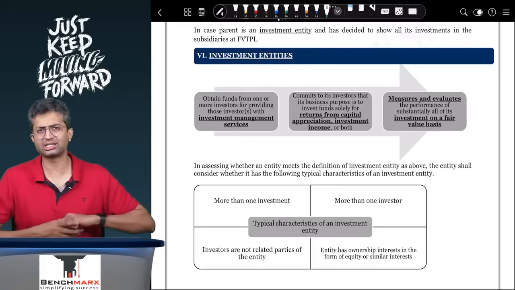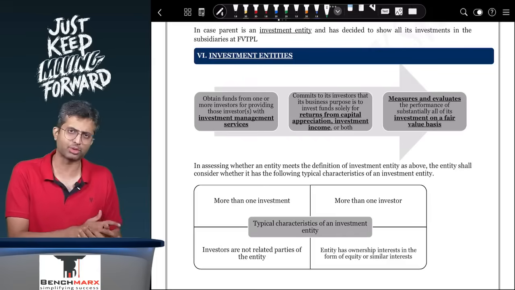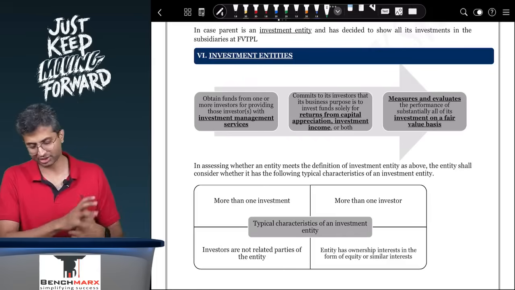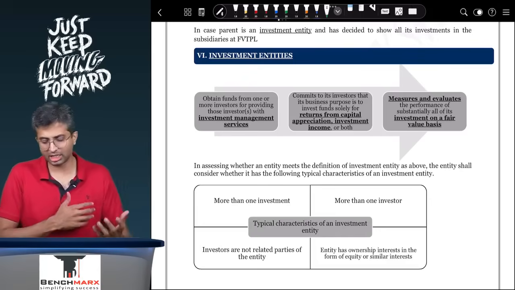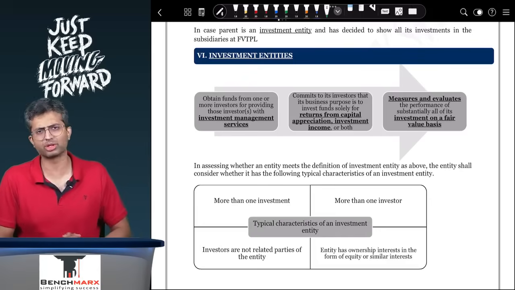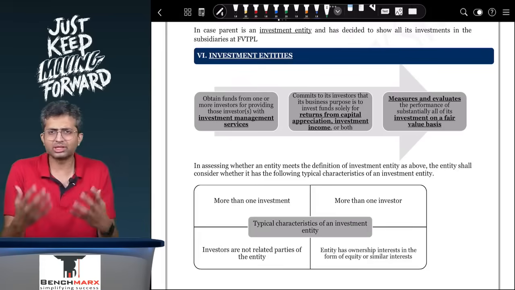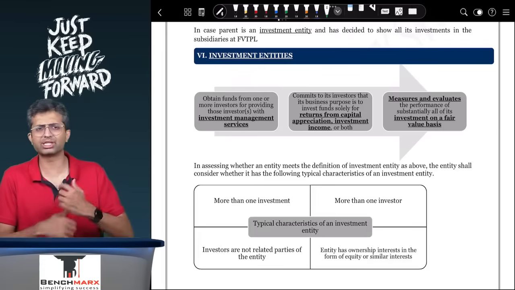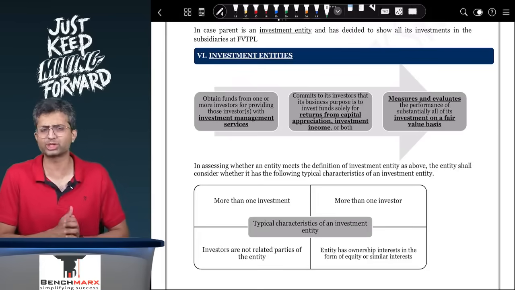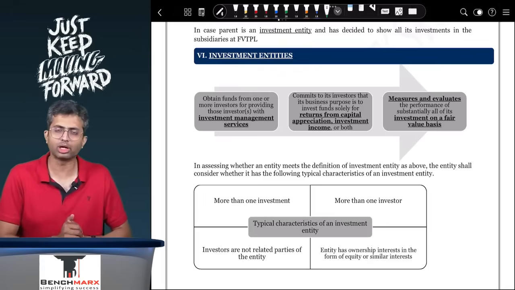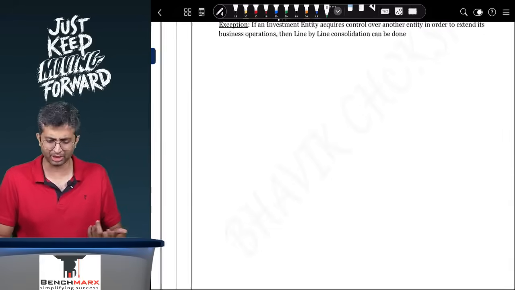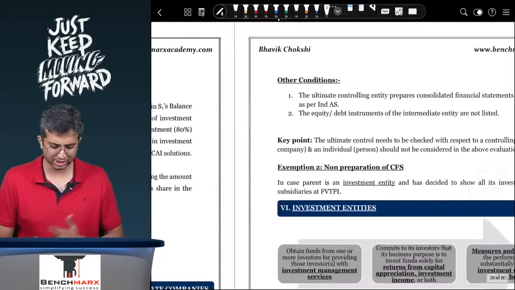Typically when it is core engaged in investment management services, its core objective is to earn capital appreciation or investment return, and it is evaluating investments on a fair value basis. Typically, these companies have an exit strategy in place. They have more than one investor. They have more than one investment. They don't have any other objective other than purely earning interest and capital appreciation, like mutual funds.